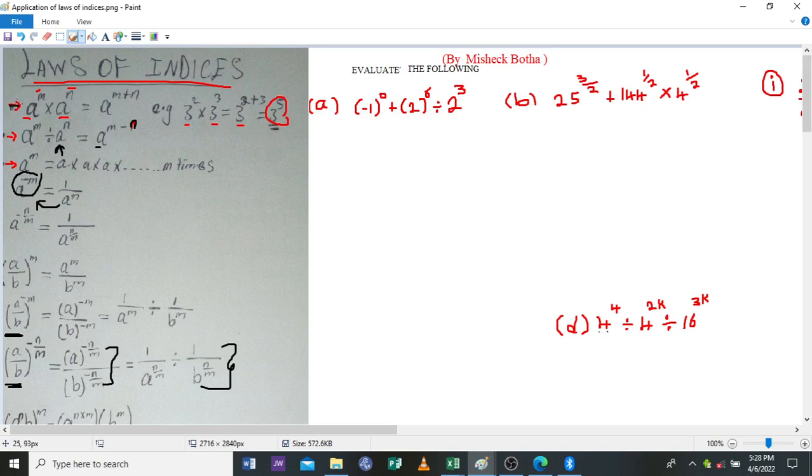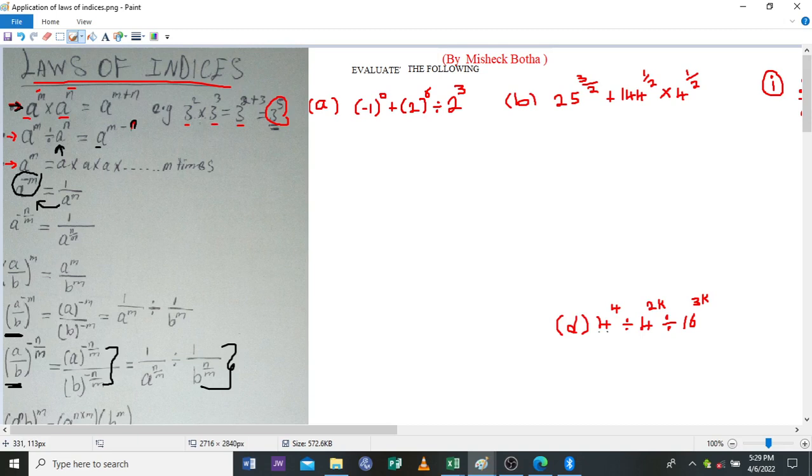Like we can see the first one there, we have a to the power m times a to the power n. So we are multiplying two numbers written in index form while their bases are equal. If that happens, we add the powers. For example, if we have 3 times 3 to the power 2 times 3 to the power 3, in this case, we see that the bases are equal.